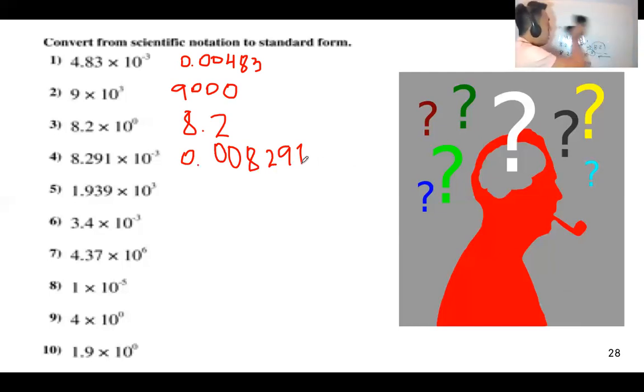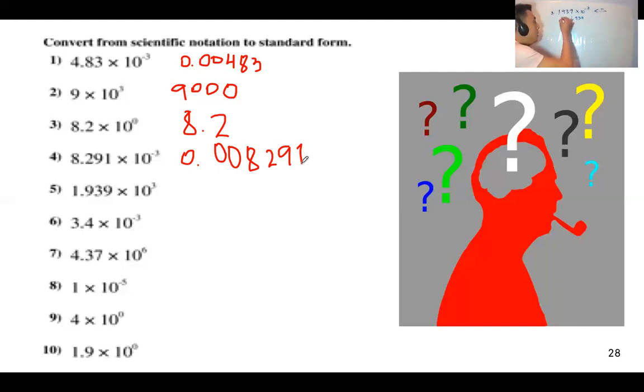Okay, next number. You need to erase first kasi wala ng space. Okay, number 5. Our number 5 is 1.939 multiplied by 10 raised to negative 3. Our sign here is negative, so therefore we need to move our decimal point to the left side. 1.939, decimal point 3 times to the left side. 1, 2, 3.